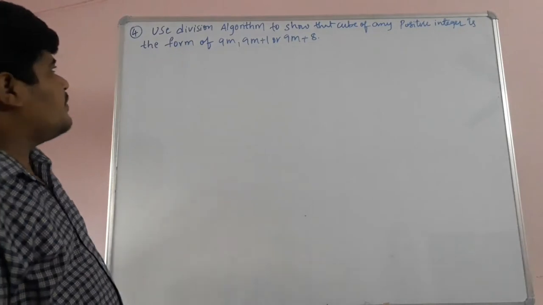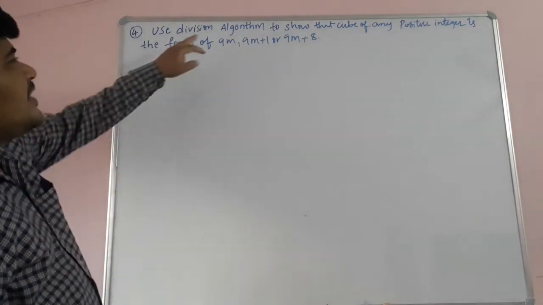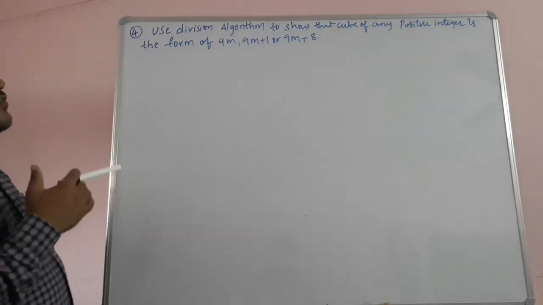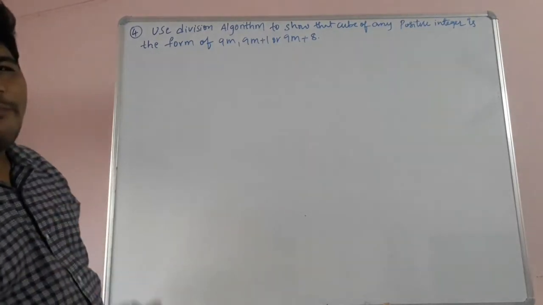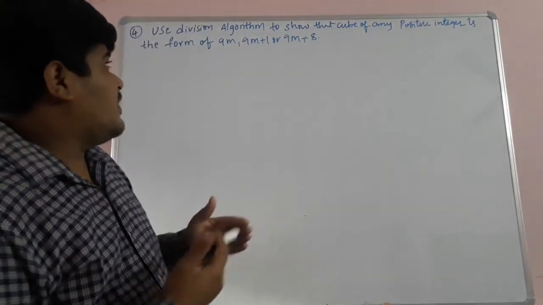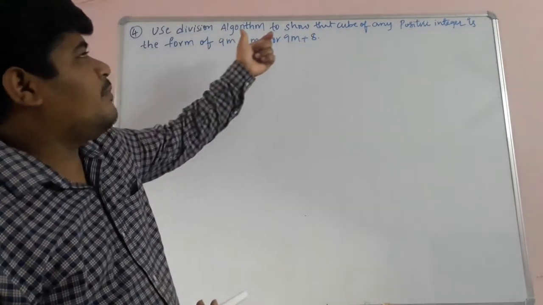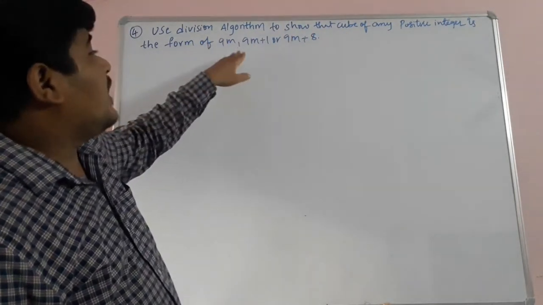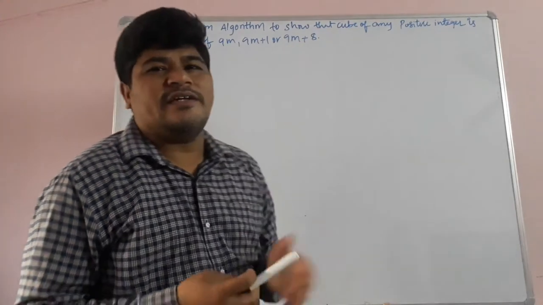Children, let's see problem number 4. Use division algorithm to show that the cube of any positive integer is of the form 9m, 9m plus 1 or 9m plus 8.